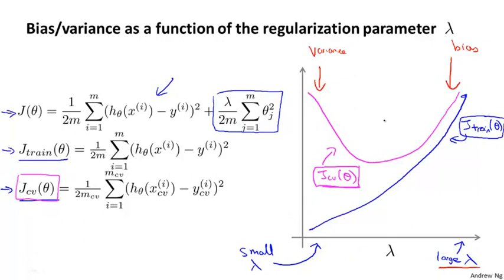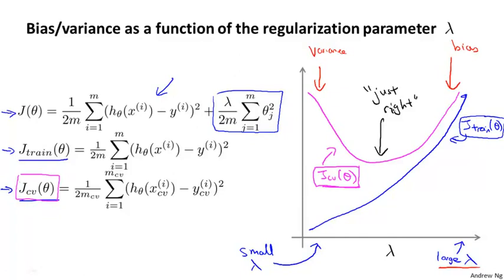And so once again, it will often be some intermediate value of lambda that is sort of quote just right, or that works best in terms of having a small cross-validation error or a small test set error. And whereas the curves I've drawn here are somewhat cartoonish and somewhat idealized, on a real data set, the curves you get may end up looking a little bit more messy and just a little bit more noisy than this.